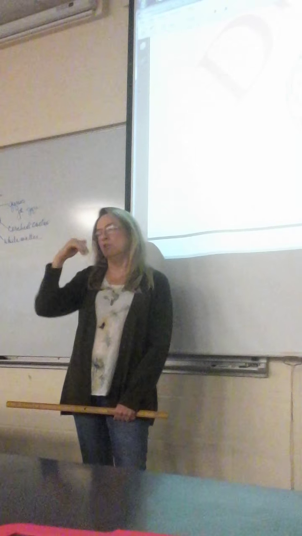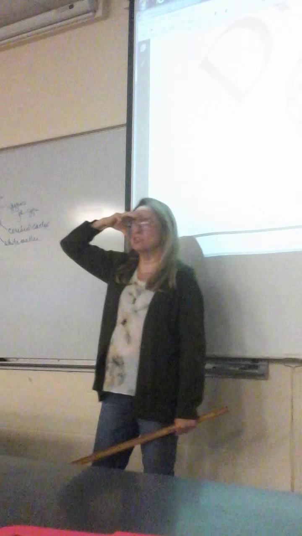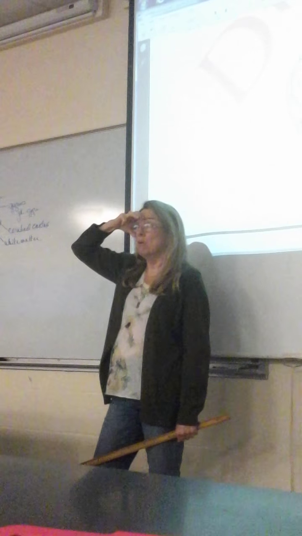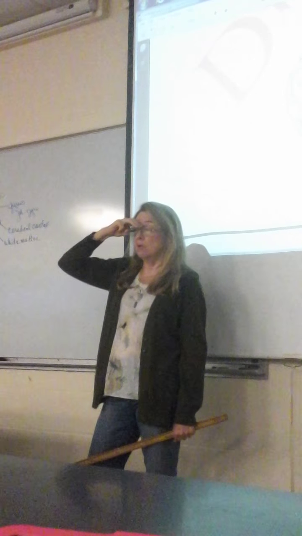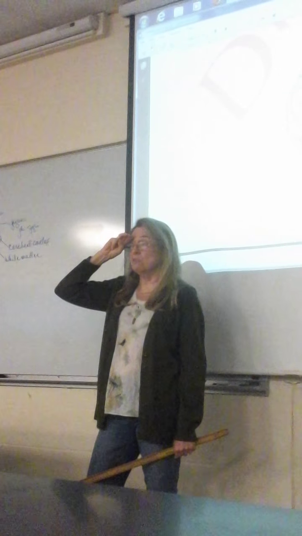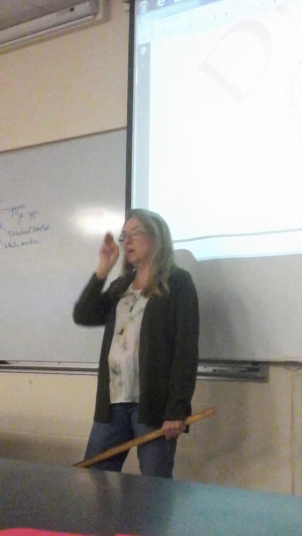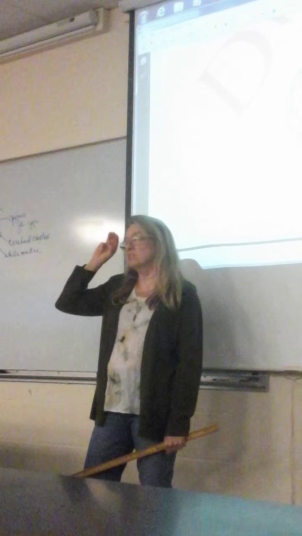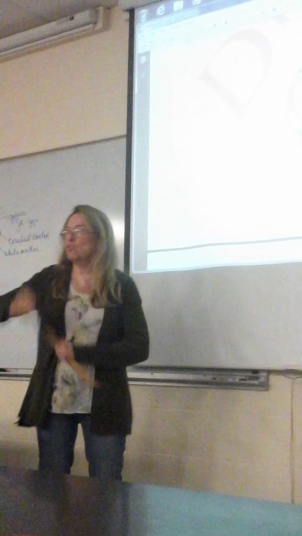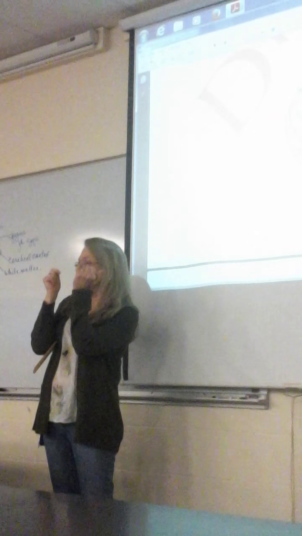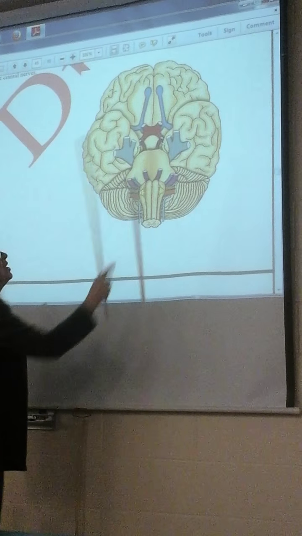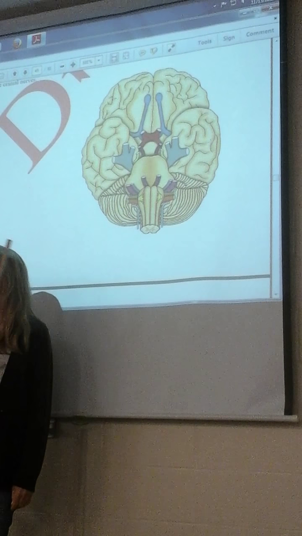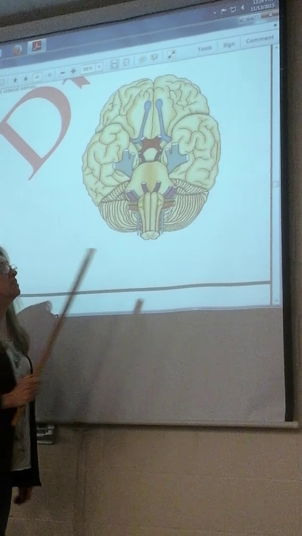It rotates because the muscle is across the top of the eye. It rolls the eye, but when it rolls it, it also makes it go down. If it tightens this way, it's going to go that way, down. If it relaxes, it's going to go that way. And of course, it's the opposite on the other eye. That's your trochlear. It's your second cranial nerve for movement of the eye.